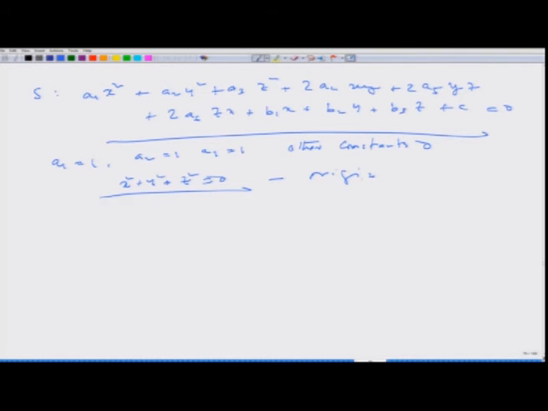Similarly, if you take just A1 equal to A2 equal to 1, other constants 0, you will get x square plus y square equal to 0. This is not a surface in R3, right? This is just a pair of straight lines. Similarly, if you take only A4 equal to half and other constants 0, then you will get xy equal to 0. So, this is again not a surface, it is a union of two intersecting planes.